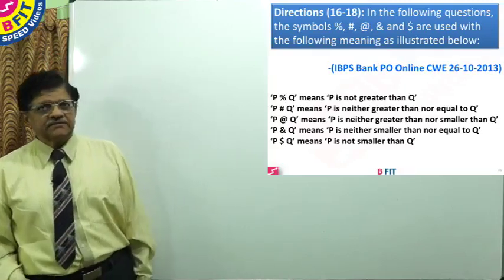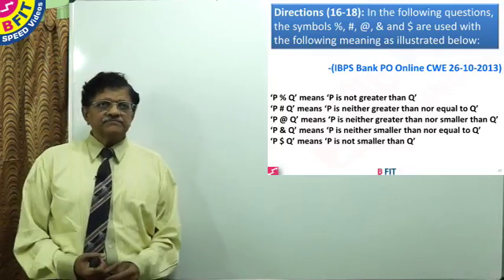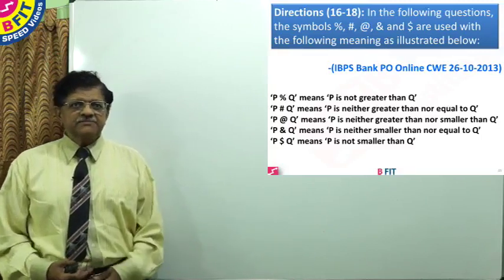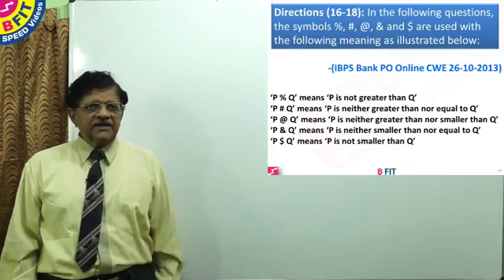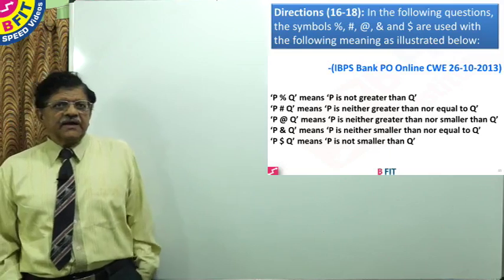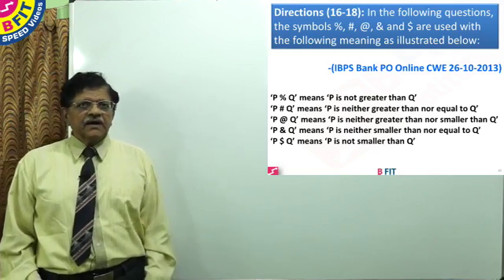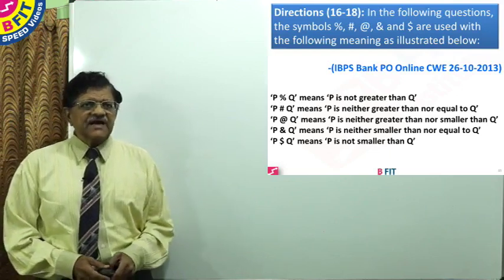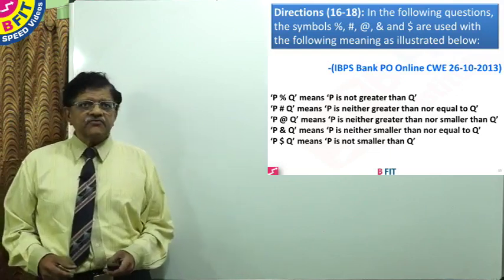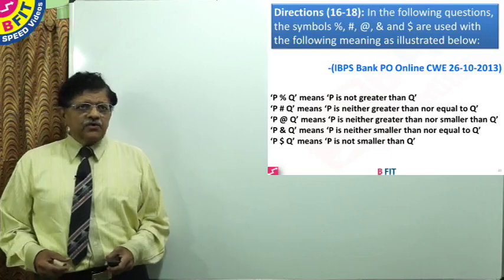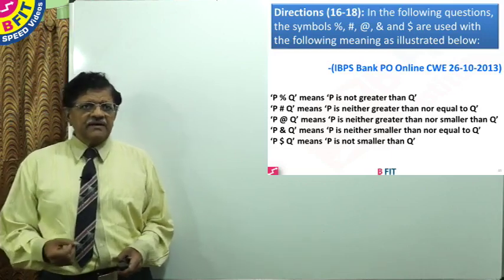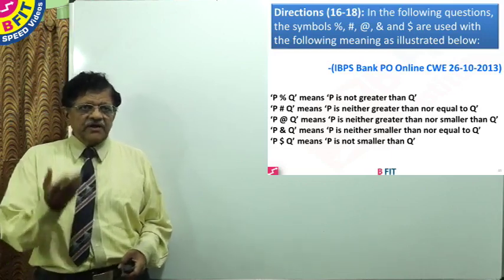Now this question is taken from IBPS Bank PO 2013. In this question, the symbols percentage, hash, at the rate of, ampersand and dollar are used with the following meaning as illustrated.